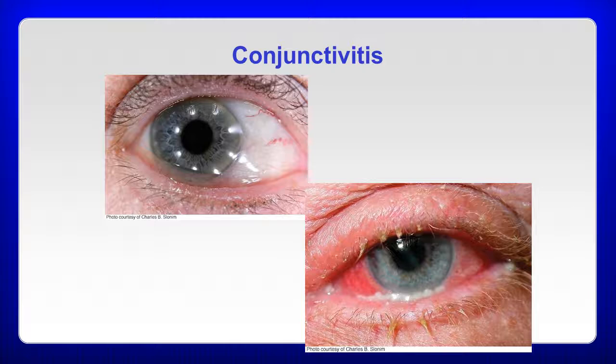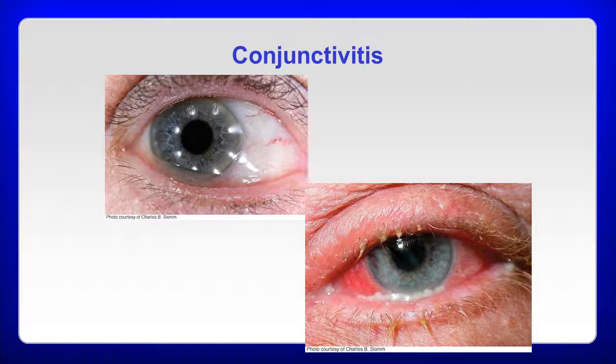The most obvious sign, if you look at the picture in the bottom right hand portion of the screen, is the bacterial conjunctivitis. So when you get that red engorgement of the eye, and typically with bacterial conjunctivitis, you'll have that purulent discharge coming from the eye. So that usually will tell you.